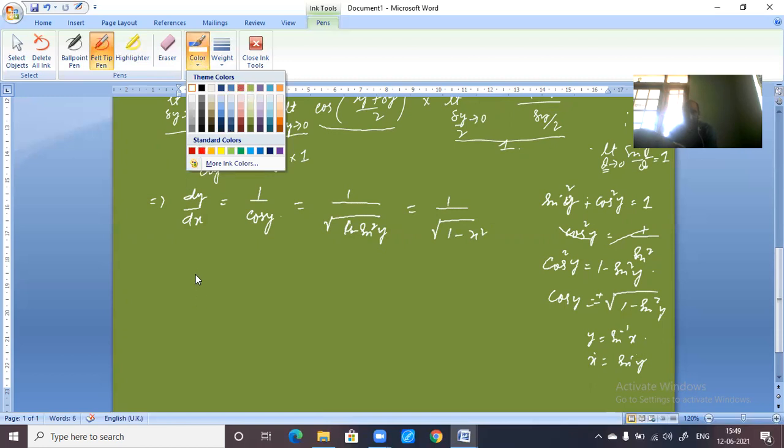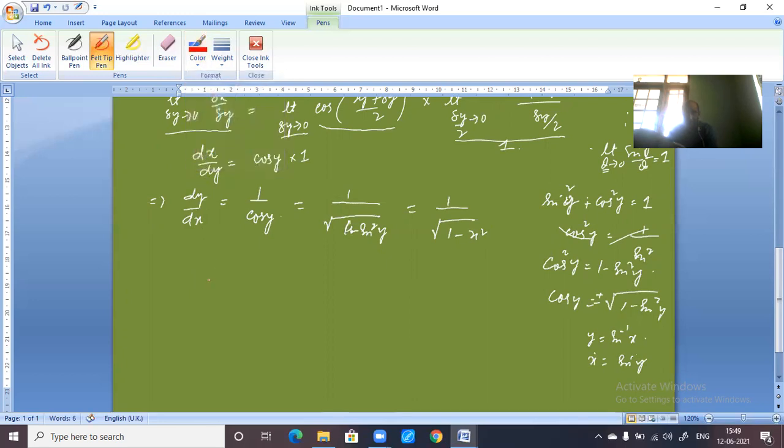So what we have learned from this is the following: d by dx of sine inverse of x is 1 divided by under root of 1 minus x square.